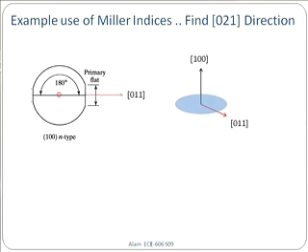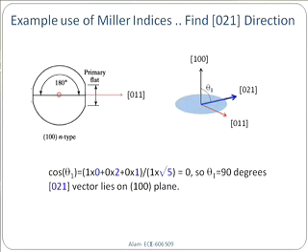Now, if you wanted to know, given these two vectors, where the third vector 0 2 1 would be, very easy, because you could easily calculate the angle theta 1, and theta 1 is easily calculated by the dot product of the two vectors, and you know the Miller indices, so therefore you can calculate the dot product.